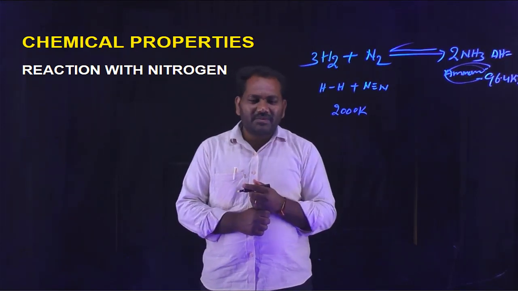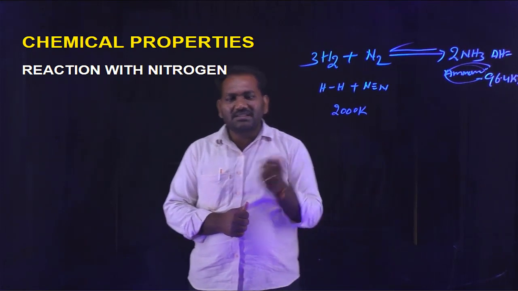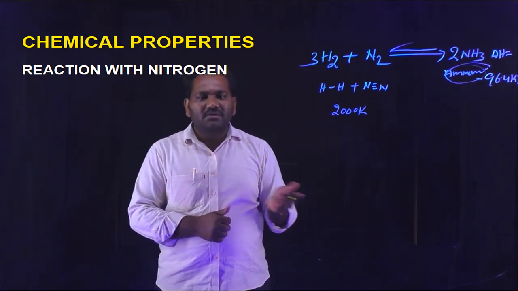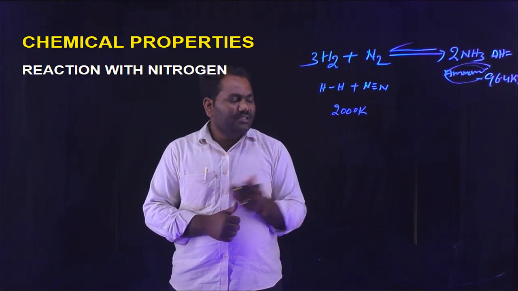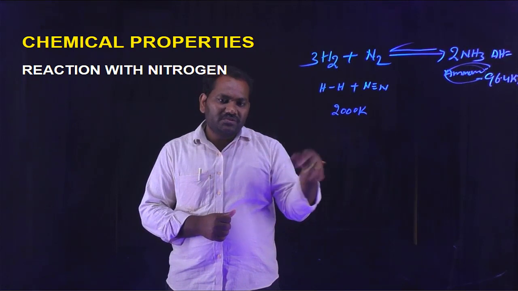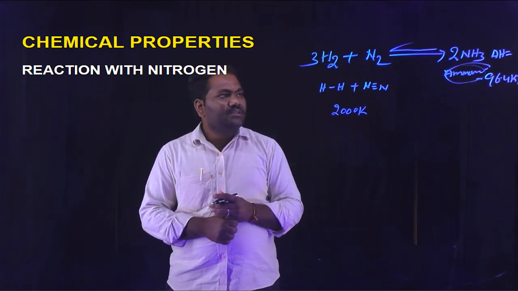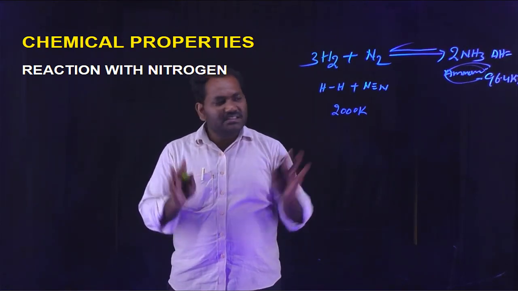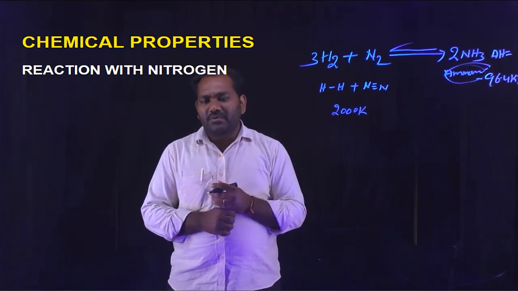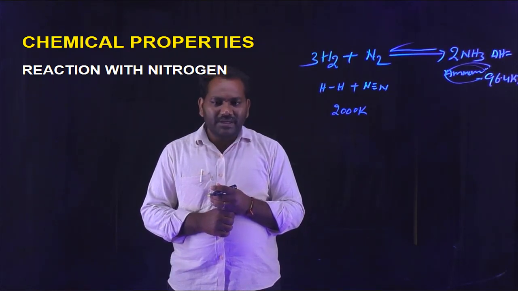These are discussed with the Haber process in the unit on equilibrium, which we will discuss later, where I will clearly explain it. Generally this is the reaction of dihydrogen with dinitrogen to give ammonia.